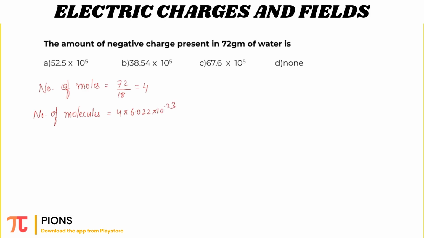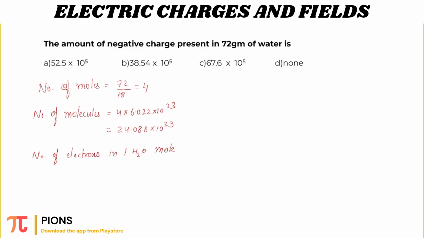Let me multiply this: 4 times 6.022 is 24.088 into 10 to the power 23 molecules. Now each molecule of water contains how many negative charges, that is, how many electrons? Hydrogen contributes 2 electrons and oxygen contributes 8, so a total of 10 electrons are there in one H2O molecule.